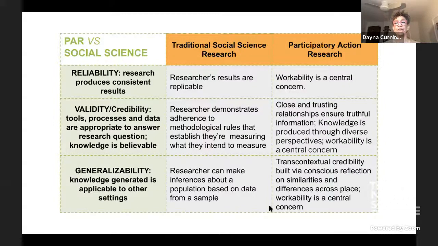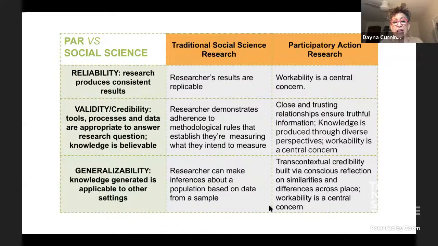So here you have a contrast of traditional social science research and participatory action research. What I want to really focus on is how PAR is different. We've already said workability is central. Knowledge production is through diverse perspectives and close and trusting relationships, which, far from distorting the research process, because you are talking about social process, actually helps to ensure that the information you are receiving is solid.